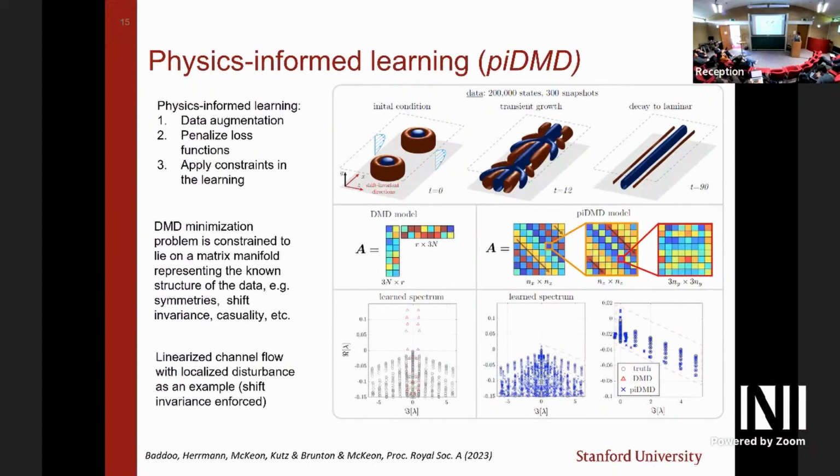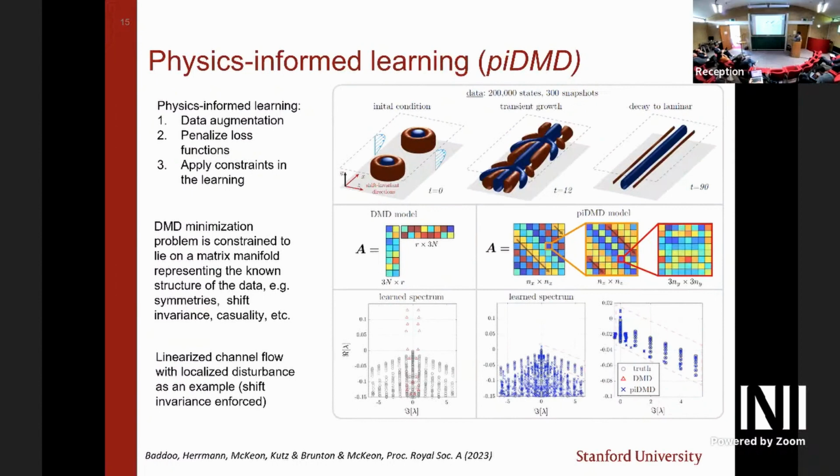This is one of the latter approaches. So now when we do the minimization associated with DMD, we actually put the constraint there so that we are constrained to lie on the matrix manifold representing the structure of the data. And by that I mean something like shift invariance, some symmetry, some causality, depending on the problem that you're trying to look at. I'm going to give you an example where we have shift invariance.